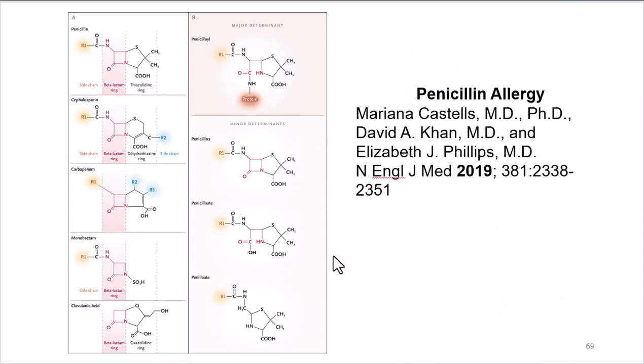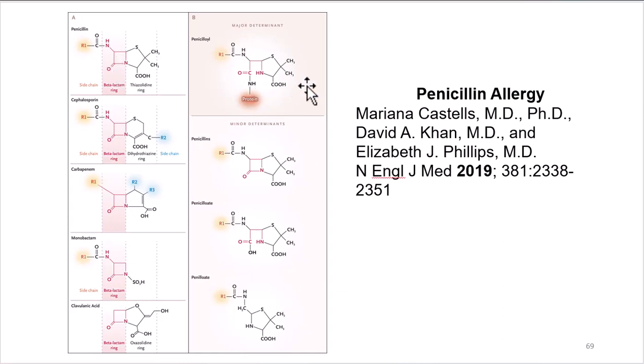So here we see, again, in a discussion on penicillin allergies, you have the commonality of the beta-lactam ring. But what I'm saying is that it's not expected that the antibodies recognize an intact beta-lactam ring. They will, if anything, recognize altered forms, opened up forms, rearranged forms of the beta-lactam ring.